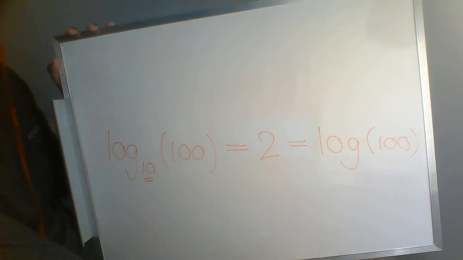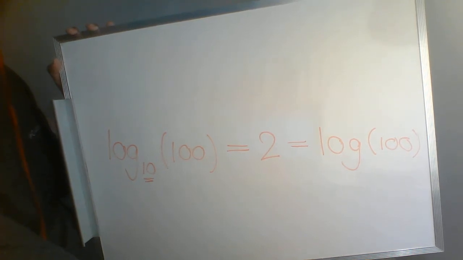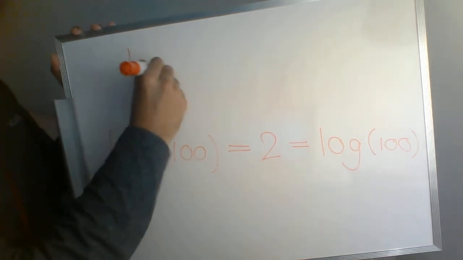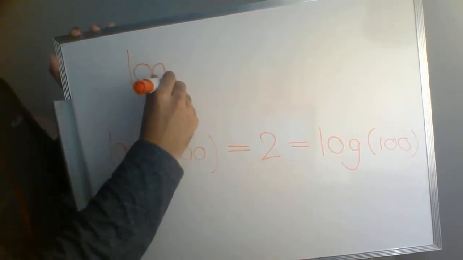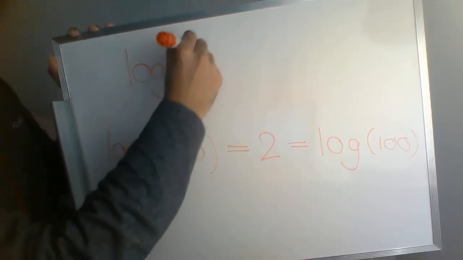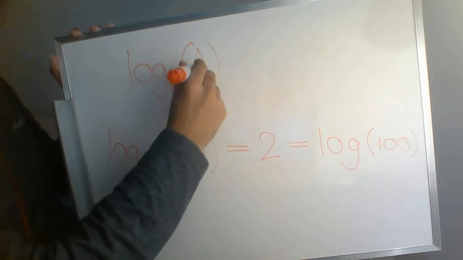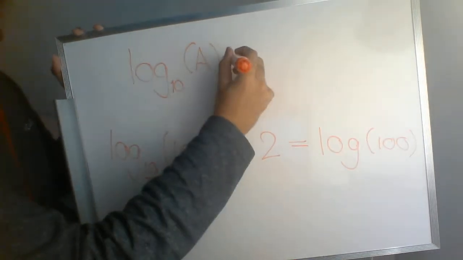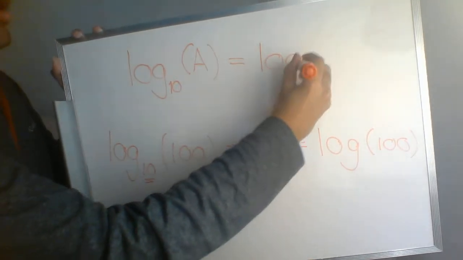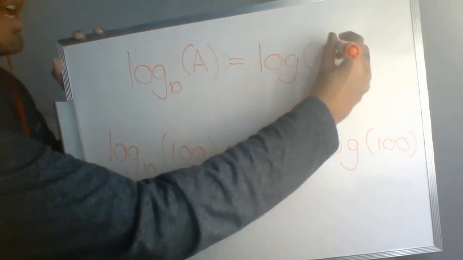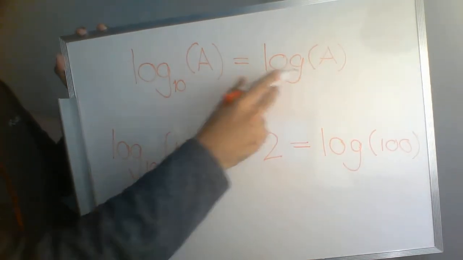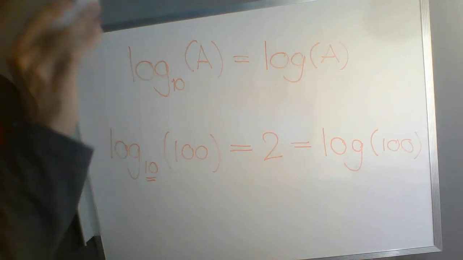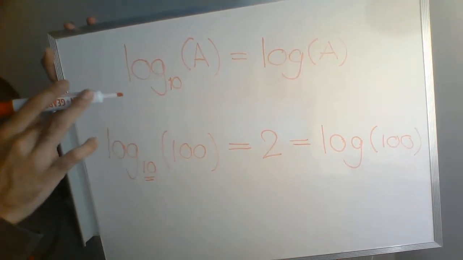And a lot of people tend not to write in the 10 down there as the little subscript. So basically, log base 10 of, I don't really care what the argument is, let's call it a for argument, is equal to log of a. You don't need to write down the little base, the little 10 down there, if it's 10. If it's any other number, you should put it down there.